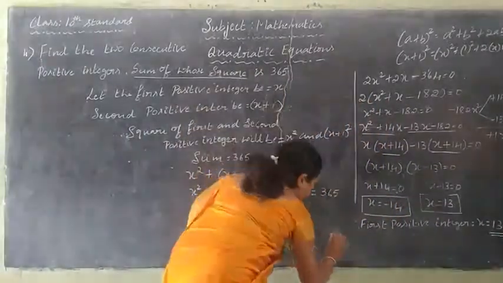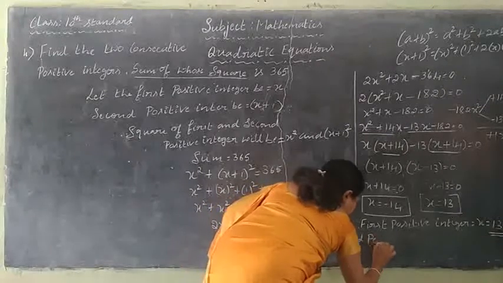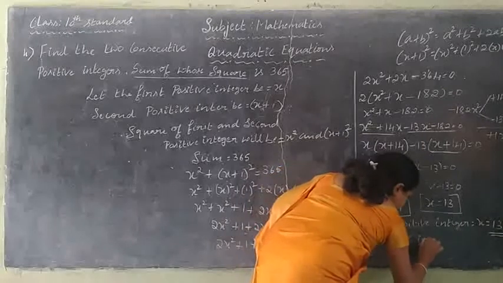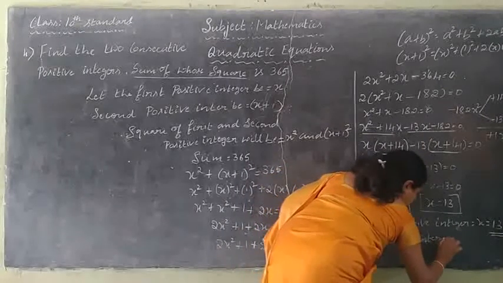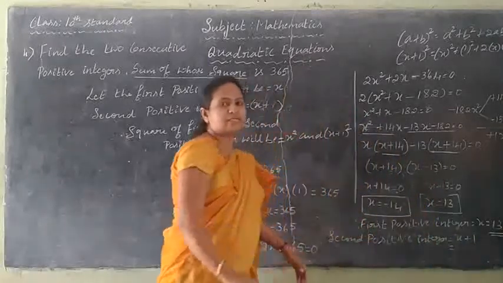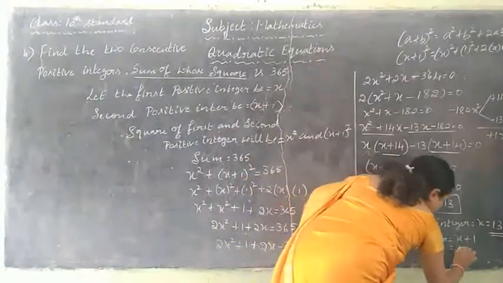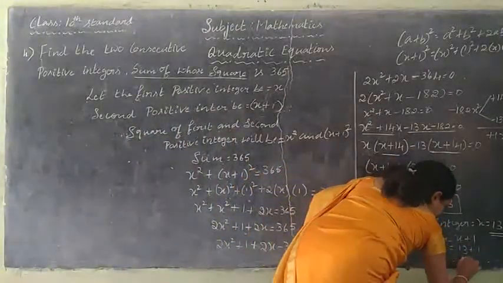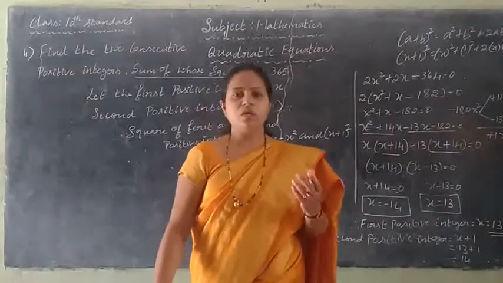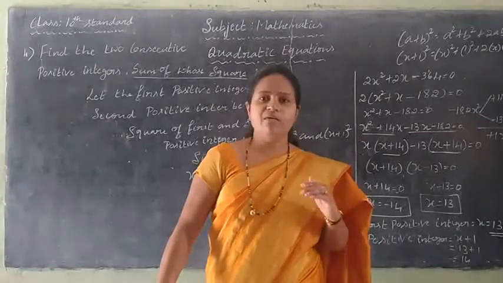The same way, the second positive integer, that is x plus 1. You take the second positive integer as x plus 1, that is 13 plus 1. 13 plus 1 is, children, 14. Got it? So the two positive integers are, children, 13 and 14.